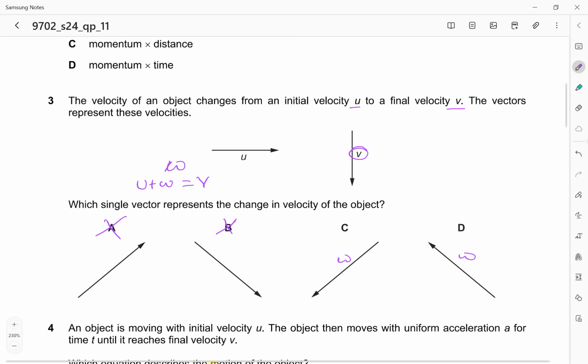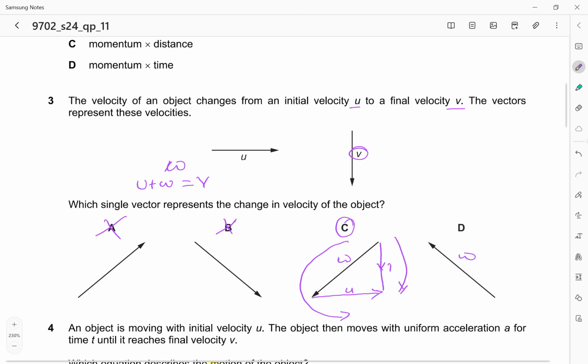Then C, if on W I add U, remember you don't need to change the direction for U, it is to the right. So if on W I add U in this direction, this is forming an anti-clockwise loop. Then V is going to be the resultant, the final is going to be vertically downwards. So it means the answer is automatically going to be C, where this would be U. The other one is W, which is the change.